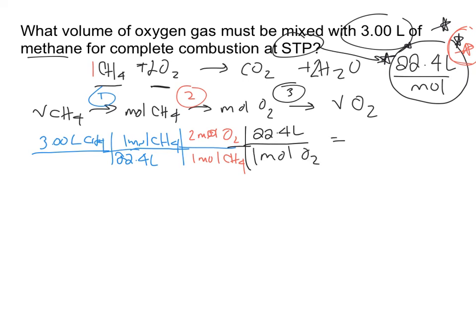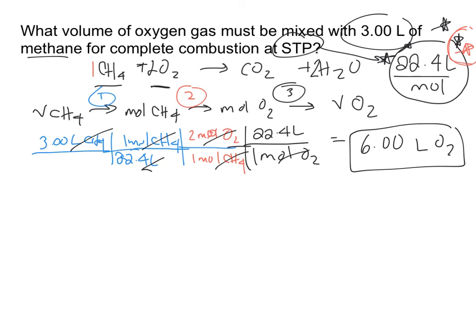If you plug this into your calculator, you get 6.00 liters of O2. Liters and liters cancel, moles and moles cancel, and you're left with those liters of O2. So basically in this approach, guys, as I said, you could have done the conversions in step 1 and step 3 using PV equals nRT, and it would give you the same numerical values.